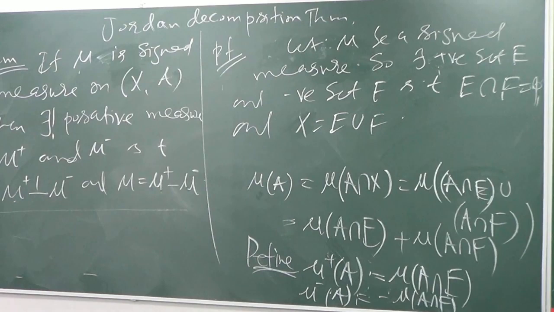Okay, that's computed in this way. So this means mu plus of A intersection F prime plus mu plus of A intersection E prime. Can I say that mu plus of A intersection E prime is 0? Because it's a subset of E prime and we know that mu plus of E prime is 0, so mu plus of A intersection E prime must also be 0. Hence this is same as mu plus of A intersection F prime. Agreed?